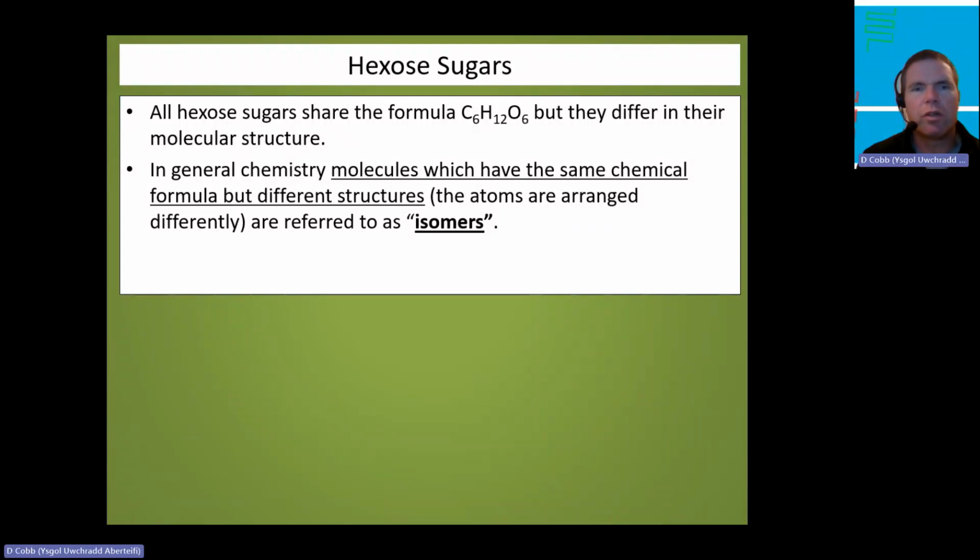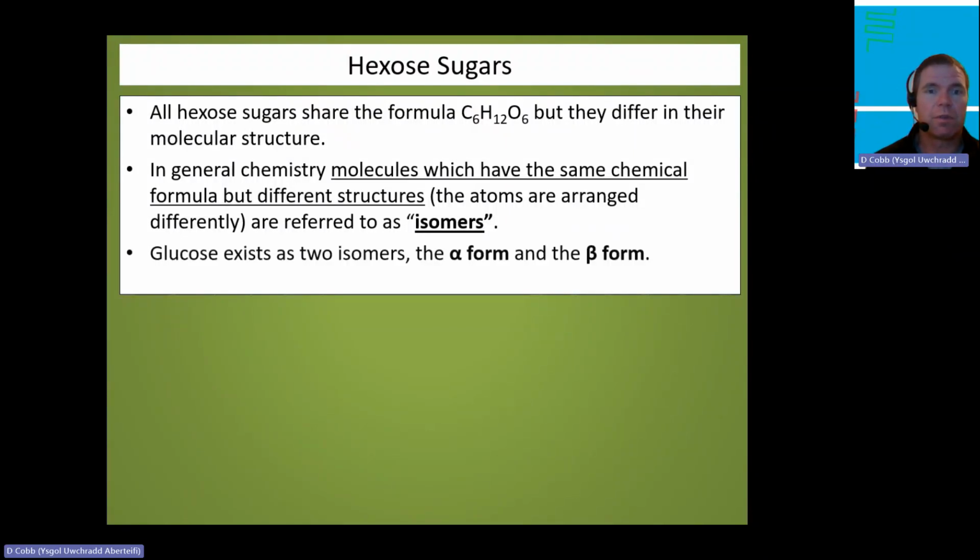We call molecules like this, which have the same chemical formula but different structures, isomers. Now that's something you might have covered at GCSE in chemistry. If you've got the same number of atoms of each element present, but they're arranged differently, we say they are isomers of each other.